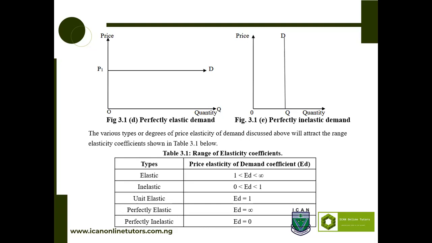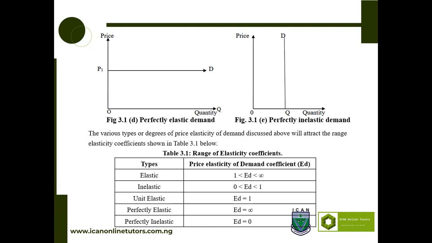The various degrees of price elasticity of demand discussed above have a range of elasticity coefficients that will be shown in the table below. We have elastic demand, inelastic demand, unit elastic, perfectly elastic, and perfectly inelastic.